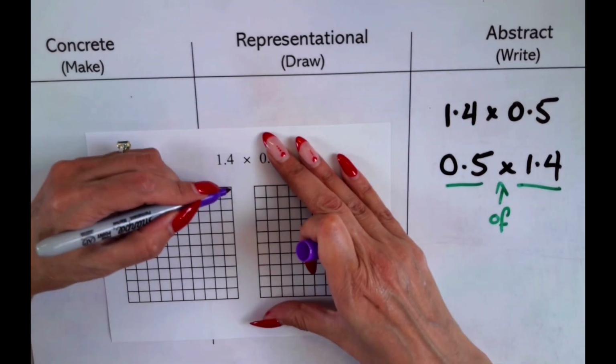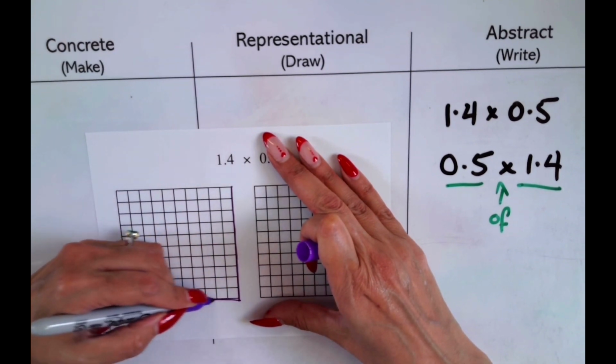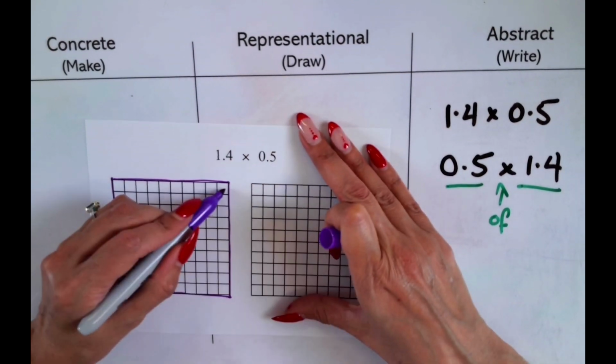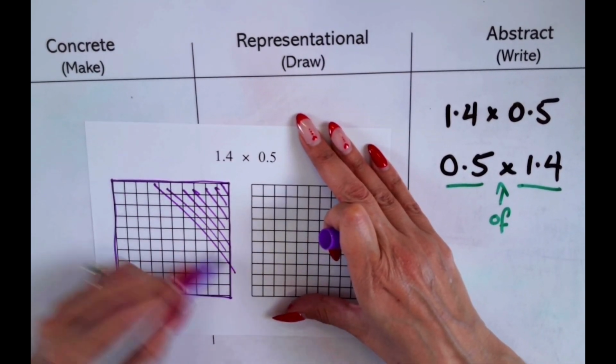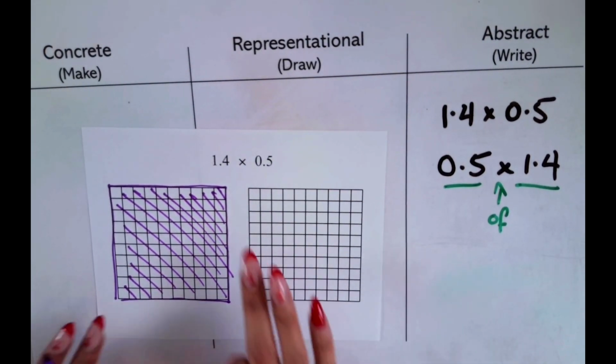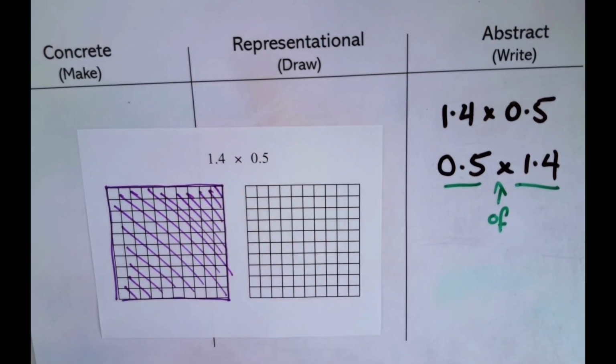So I'm going to make my 1.4, so obviously it's my whole. I shade in all of that. 1 whole is 100 over 100. And then I want to take my 4, or my 0.4.